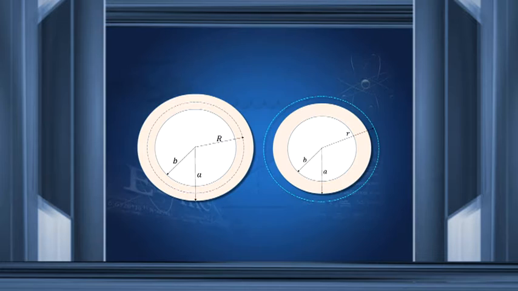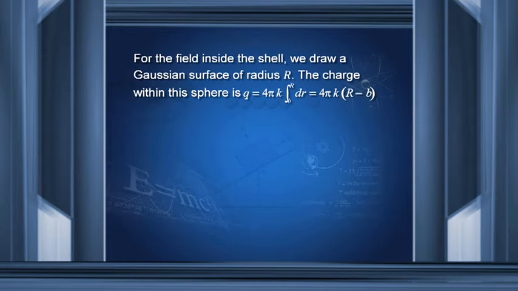For the field inside the shell, we draw a Gaussian surface of radius r. For the charge within this sphere, I will integrate between b and r, not b and a, but between b and r. If I integrate that, I find the charge in this part of the shell, which is inside the Gaussian surface of radius r. So, the charge is 4 pi k times the integral from b to r of dr, which is 4 pi k times r minus b.